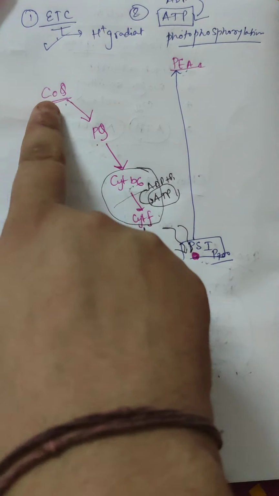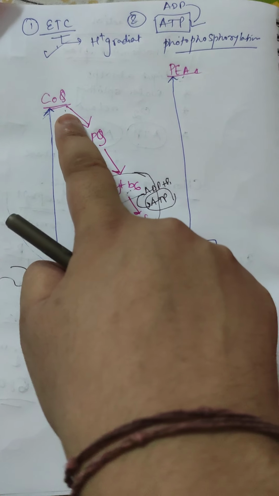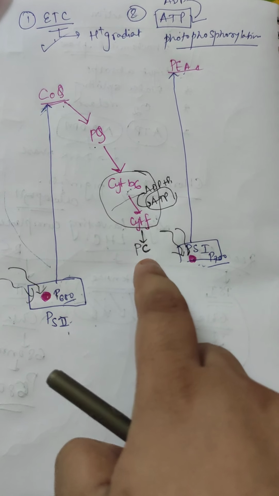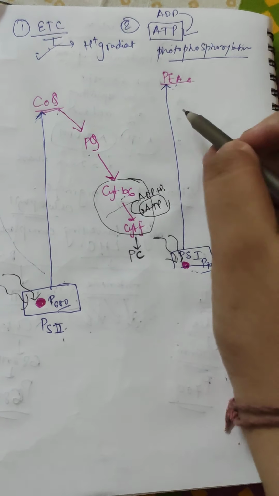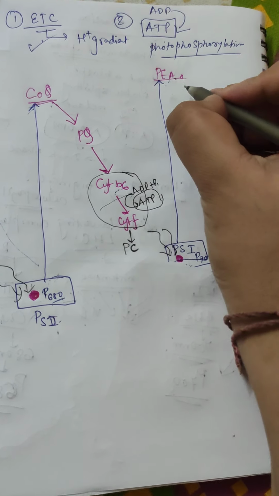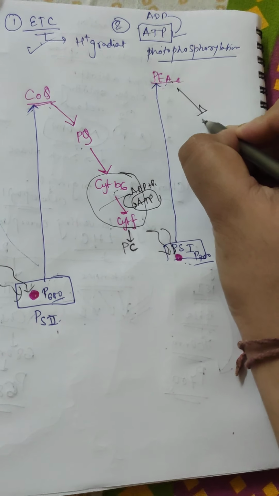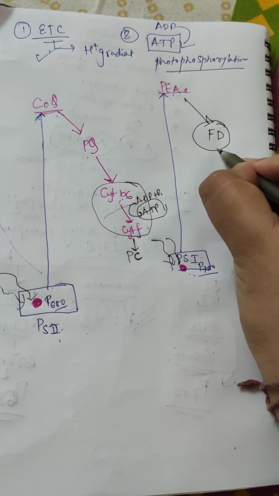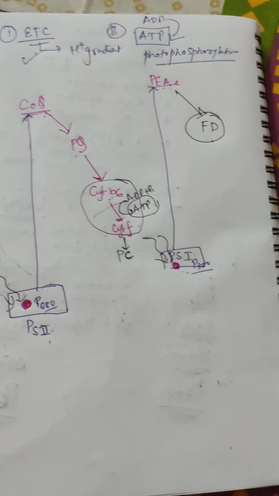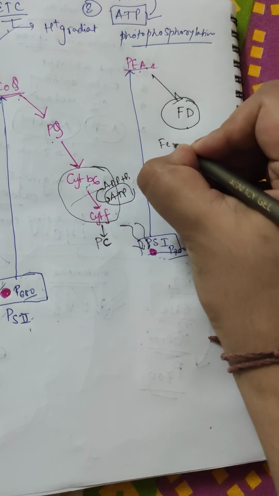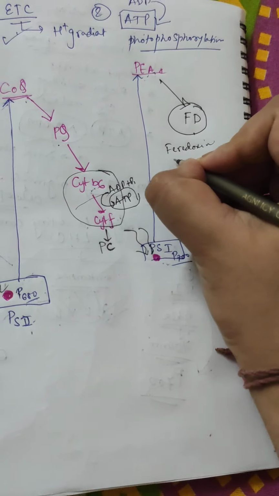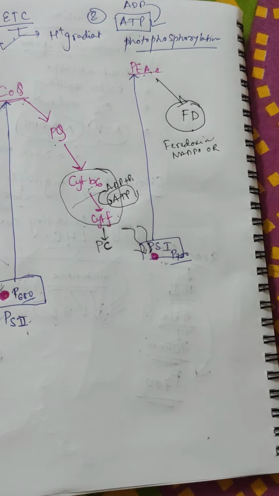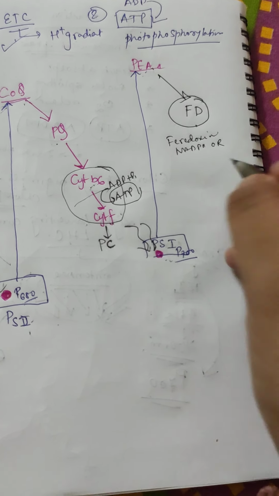The electrons move from photosystem 2 to coenzyme Q to plastoquinone to cytochrome B6 to cytochrome F and finally to plastocyanin. Similarly, the electrons which are excited over here are passed to ferredoxin, and over here you have another enzyme known as ferredoxin NADP oxidoreductase.